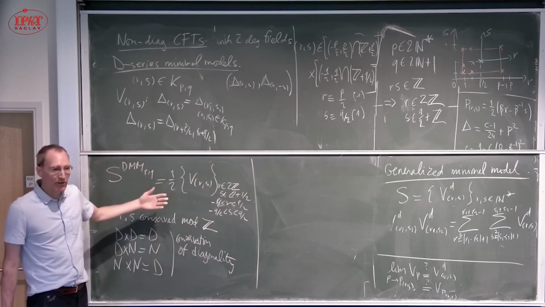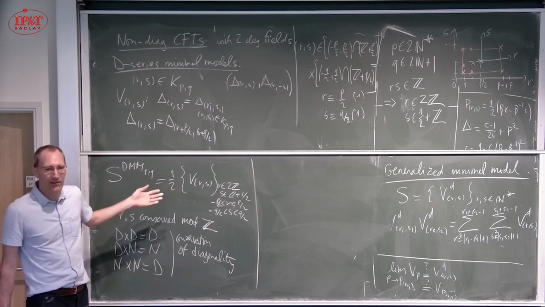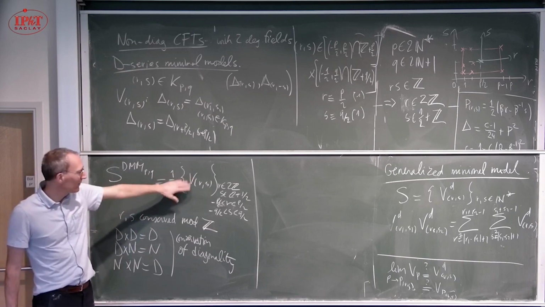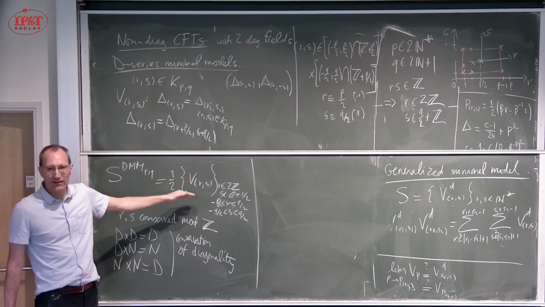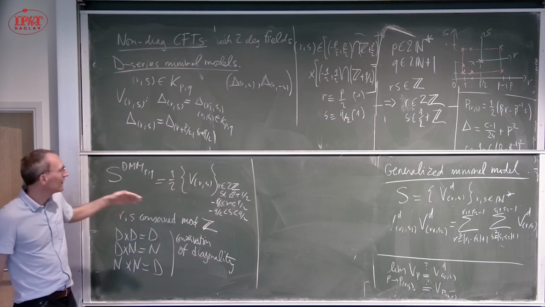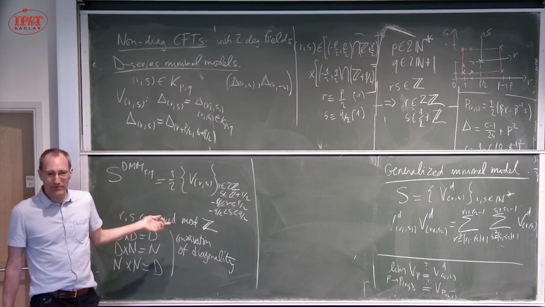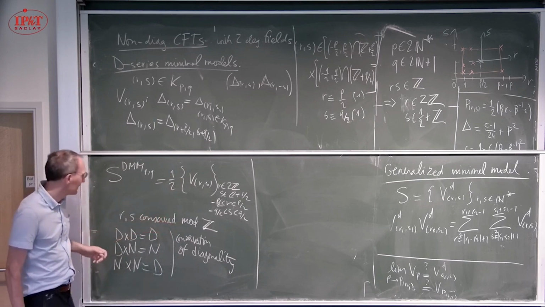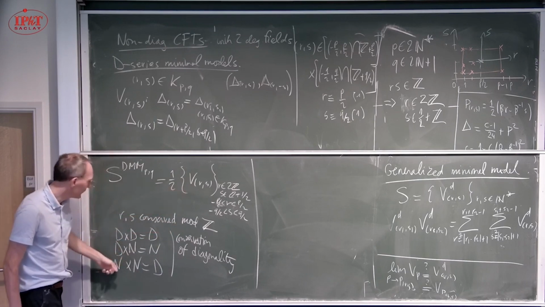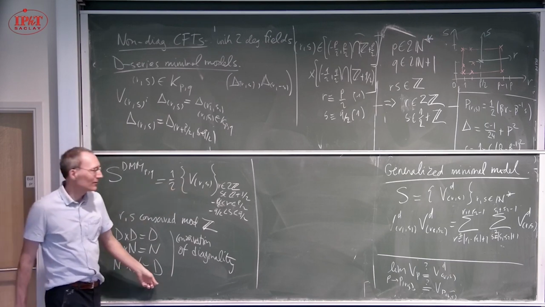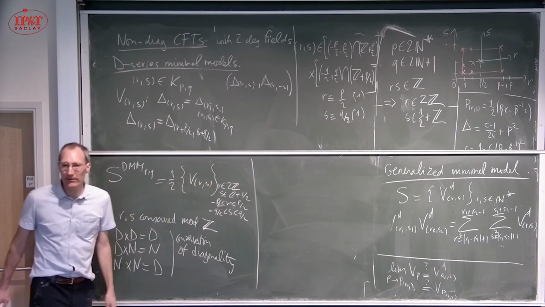In fact, I want to construct the diagonal sector from the non-diagonal sector. So here we have a very plausible answer for the non-diagonal sector, and then let's get the diagonal sector by just fusing these fields among themselves. And I know that by fusing non-diagonal fields, I should get only diagonal fields because of this conservation of diagonality.